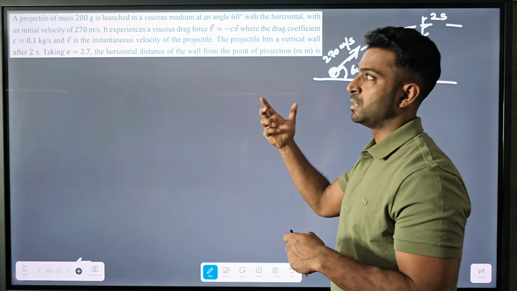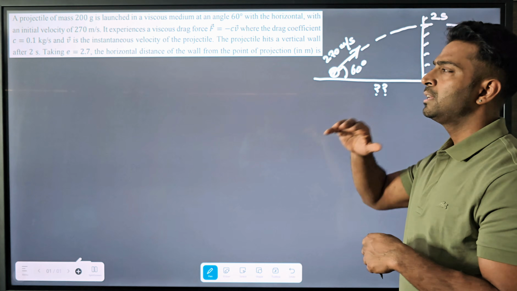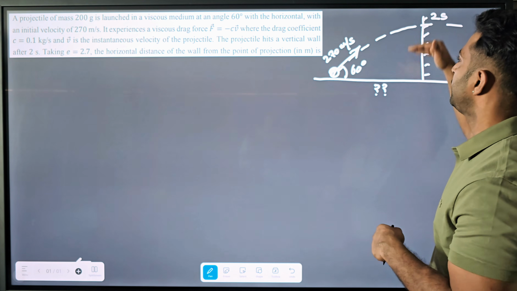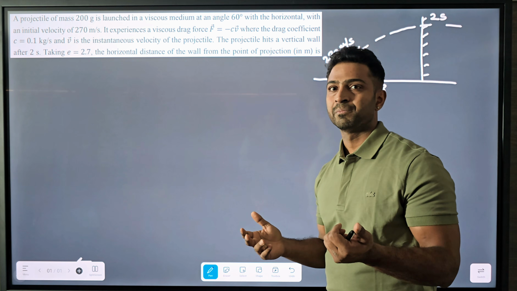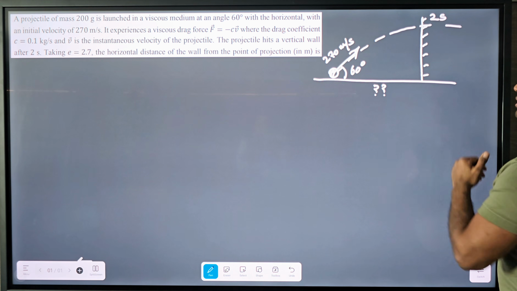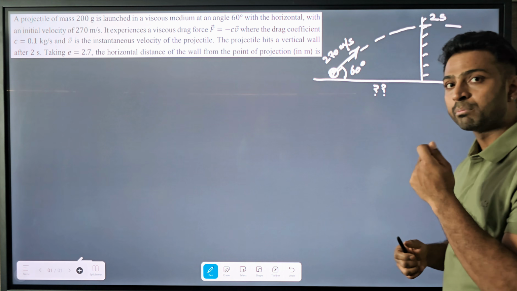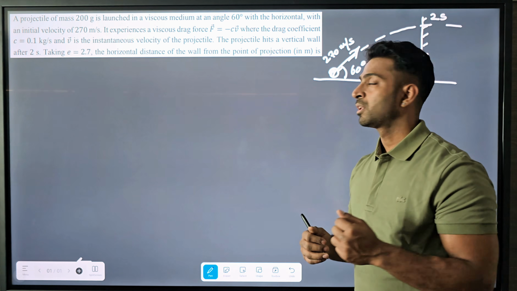This is where you have to save time: there is no mention of height, no mention of any y coordinates in the problem. Which means all we have to deal with is the x coordinate, and that is precisely what makes this problem a lot easier than it appears.